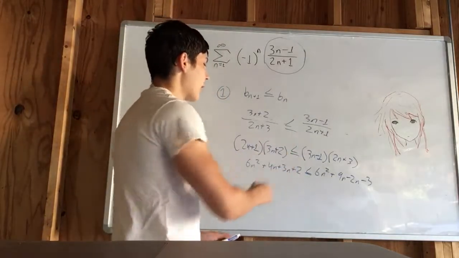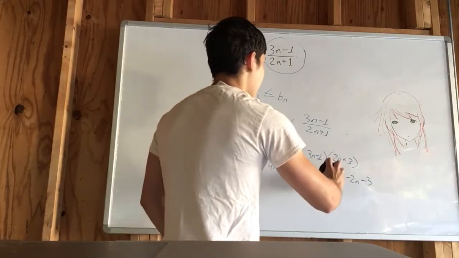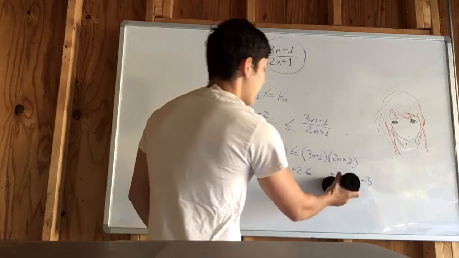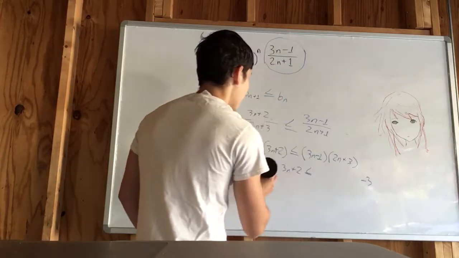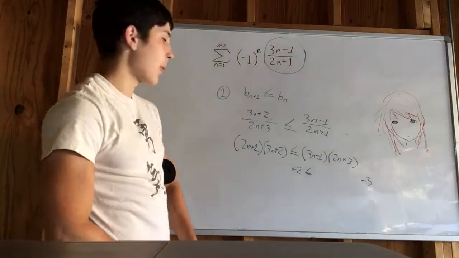We have a 6n squared and a 6n squared. Those cancel out when we subtract. We have 7n and we have 7n. These also go away. And then we're left with positive 2 and negative 3.